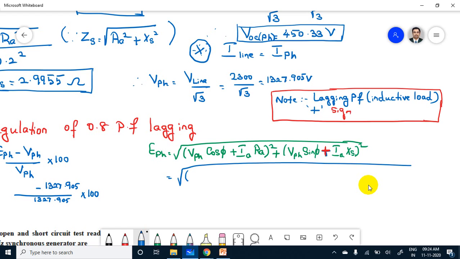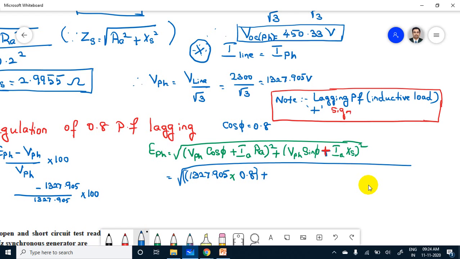Don't type it in the chat box because I can't see it now. 1327.905, into cos phi. It is 0.8 power factor, so cos phi is 0.8. This value we substitute. Understood?